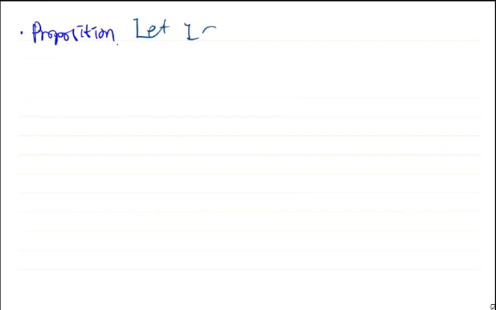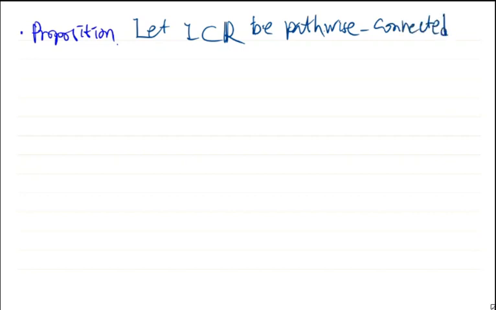Suppose I is a pathwise connected set in R. Okay, I is a subset of R, the one-dimensional Euclidean space. It is also pathwise connected.